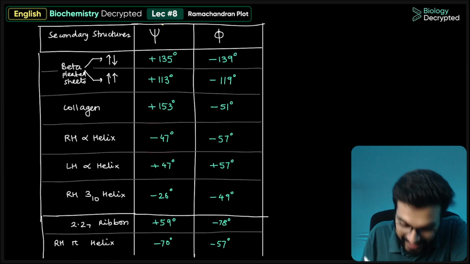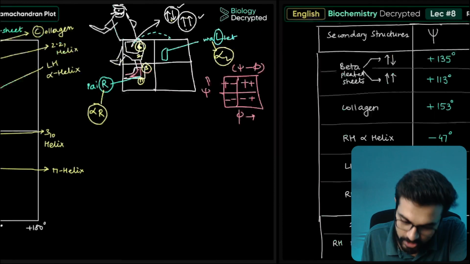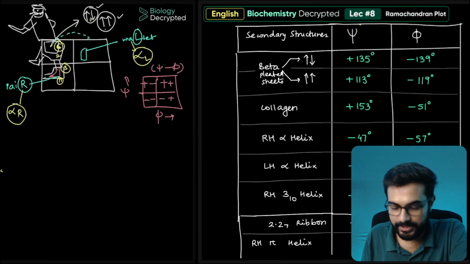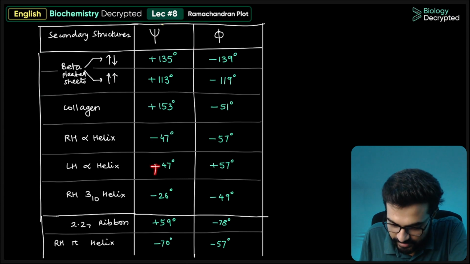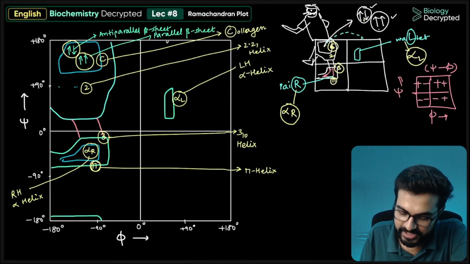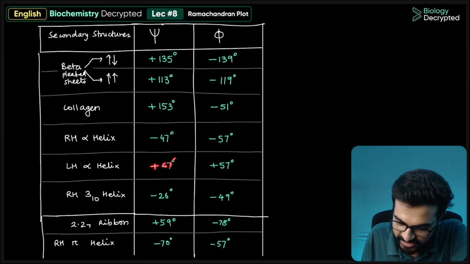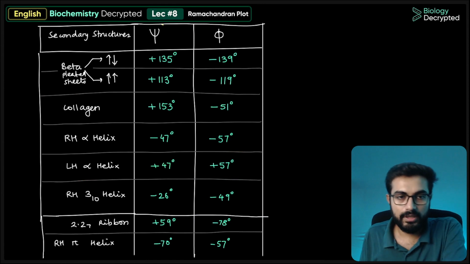Well, for right-handed alpha helix, the values are negative because obviously it lies in the lower left quadrant. Similarly, for left-handed, it is positive because it is in the upper right quadrant. So it is plus 47 degree for the left-handed alpha helix and plus 57 degree phi value for the left-handed alpha helix.